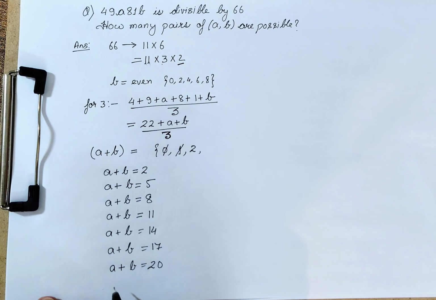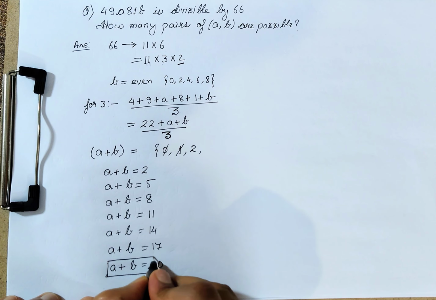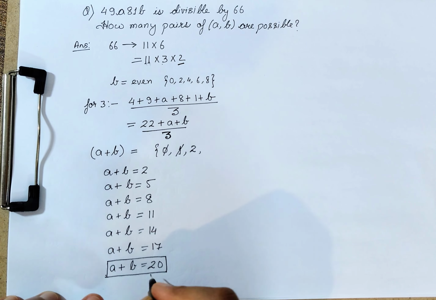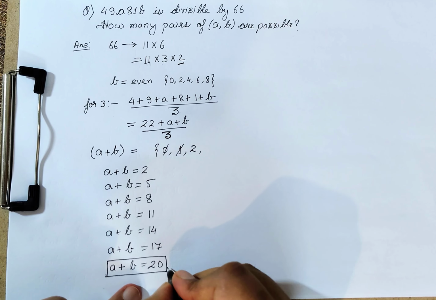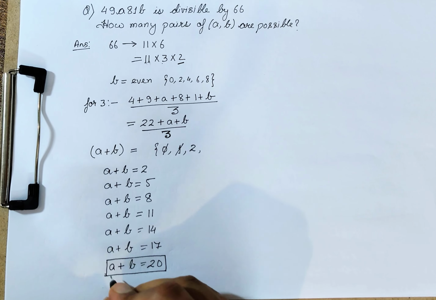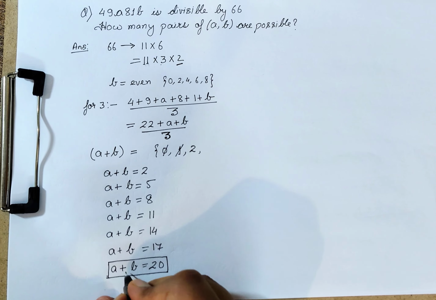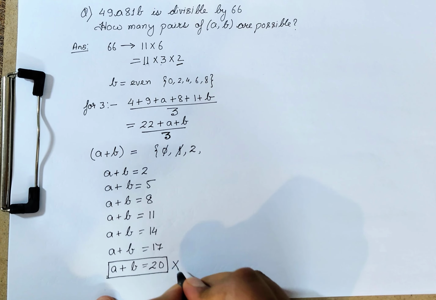Now let's see, is this possible? It is not possible because two single digits can never make a sum of 20. To make a sum of 20, one of the digits has to be a double digit. But we know that both the digits are single digit, hence this is ruled out.